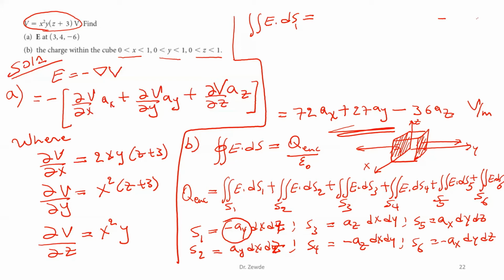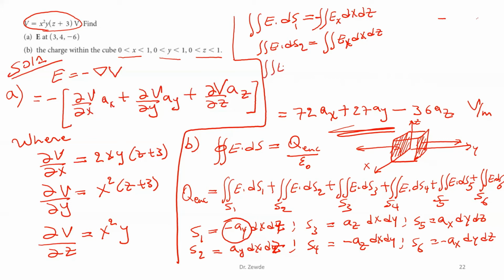So this will give us the E component times ds1, minus dx dz. Again, the surface integral of E dot ds2 will give us the same thing, dx dz, but the only difference is the first one is negative, the second one is positive because of minus y and plus y.